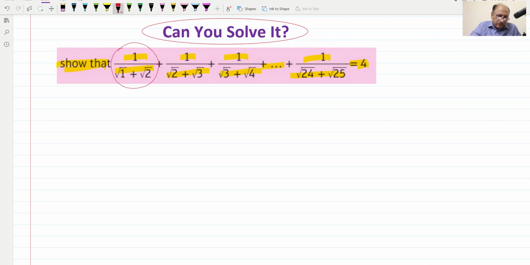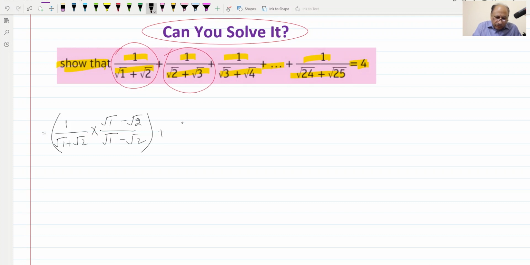For example, this term will be rationalized and we will write 1 over under root 1 plus under root 2, and for its rationalization we will be multiplying it with the opposite sign, over also with the opposite sign, and this will be our first term. Similarly we can rationalize the second term as well.